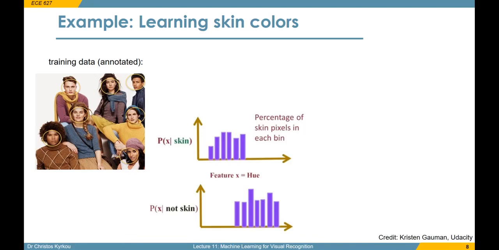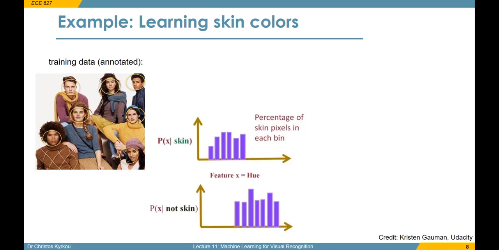So we assume first that we have a data set that someone has labeled. Someone has actually gone and marked every pixel that belongs to skin in some images. And we then built a histogram of our feature, which is the hue of the pixel.